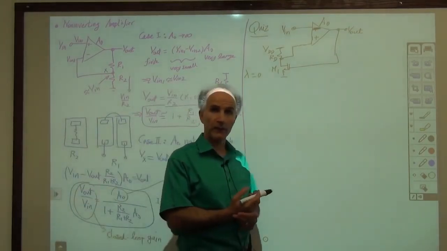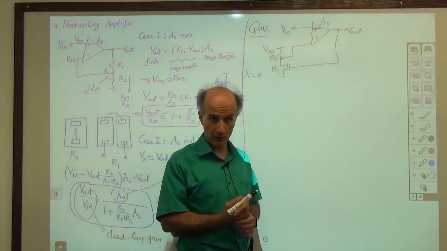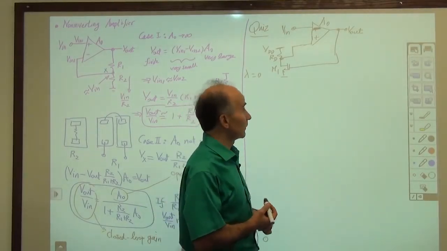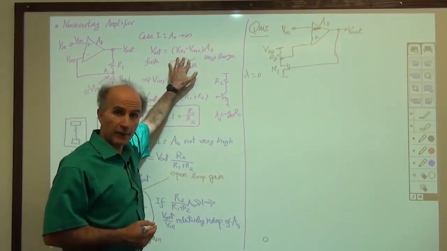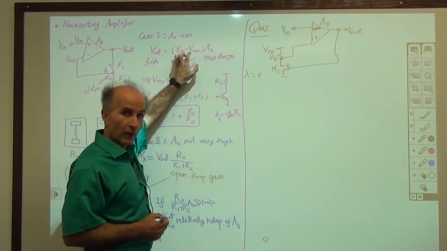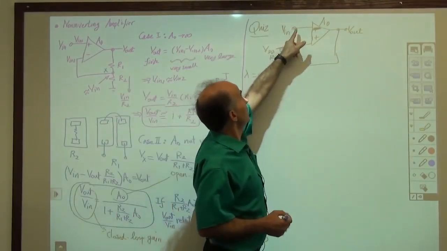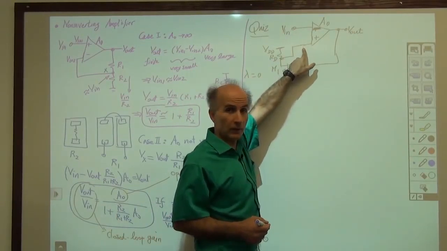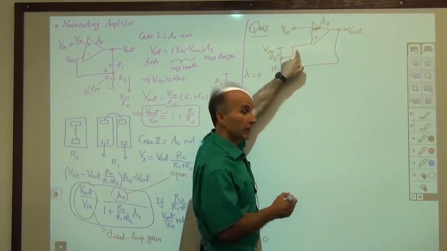All right, so what answer did you get for the gain? This is what we call the closed loop gain. Well, we go back to the same principle. We know that the op amp always enforces this equation, and if A0 is very large, then V in 1 and V in 2 must be very close to each other. So this and this are very close to each other, meaning that if this is called V in, this is approximately equal to V in.